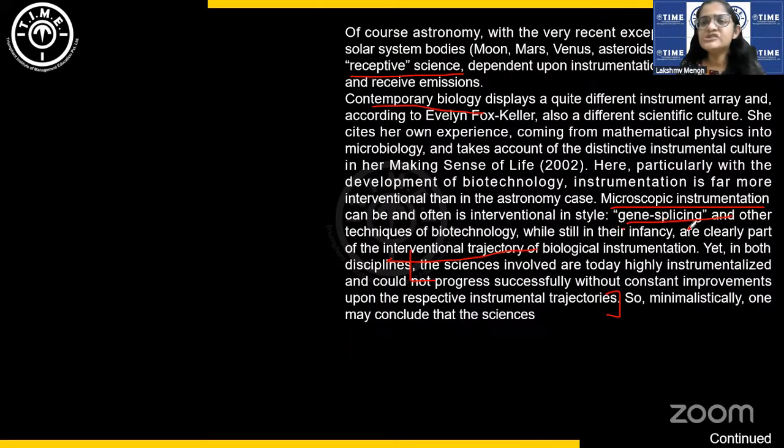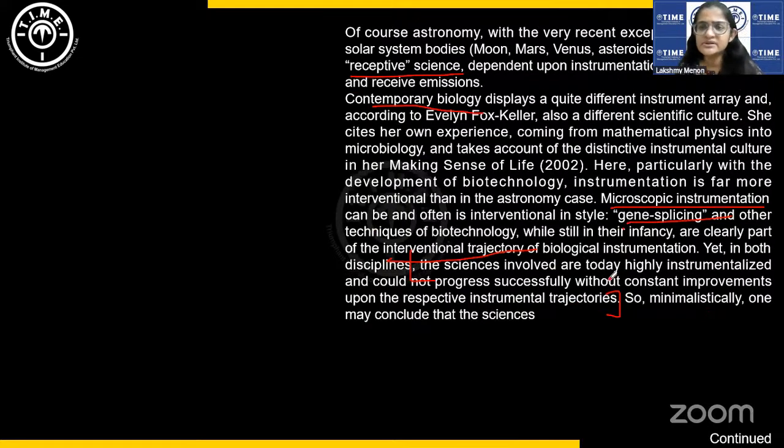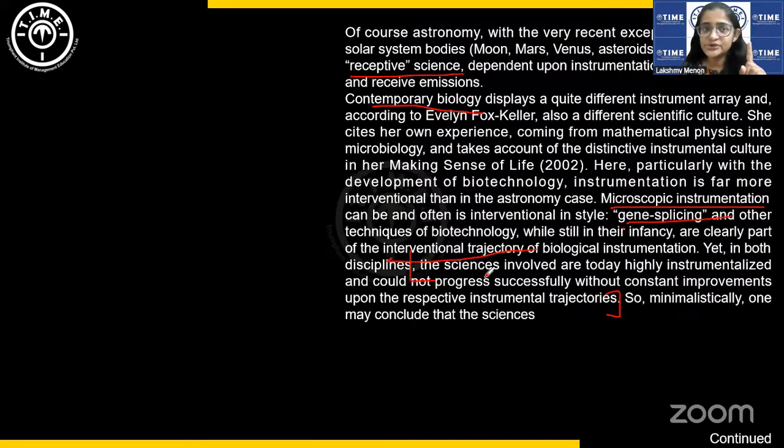So microbiology can be inferred. I'm not sure if the author has mentioned the word microbiology, but biology that uses microscopic instrumentation is microbiology. That much inference you have to be able to make.